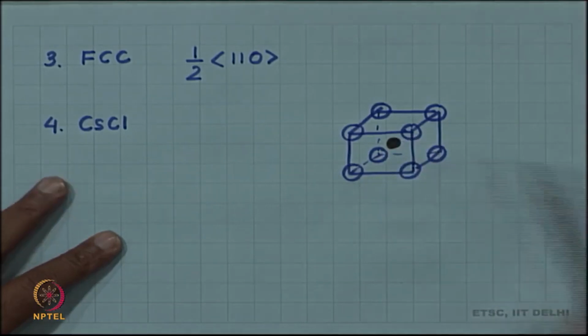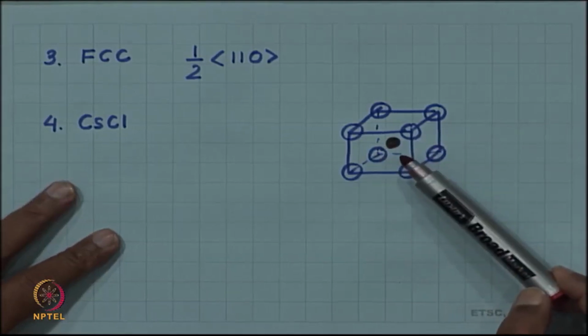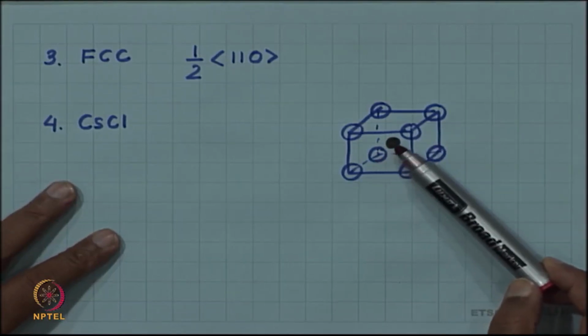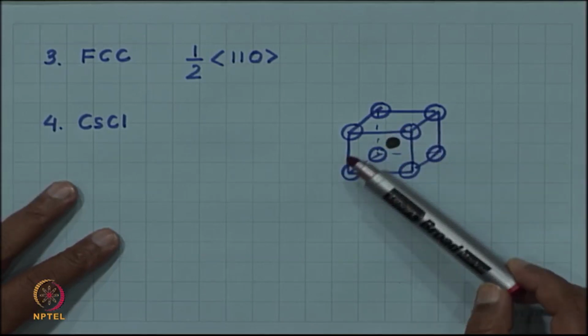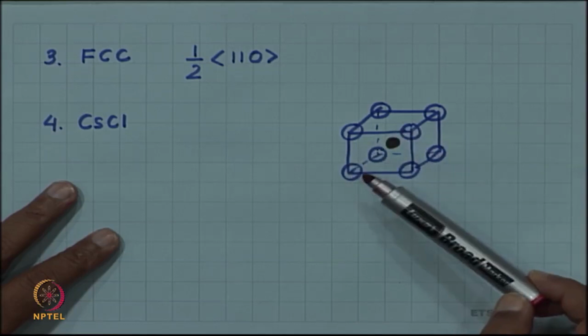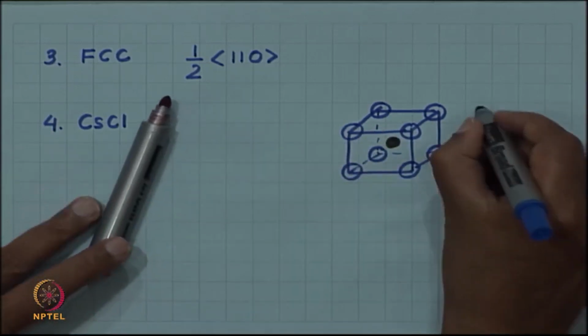Now, because these atoms are different, we have discussed this in detail when discussing crystal structure. Because the corner and center atoms are different, the unit cell or the lattice is not BCC. So, this is not BCC.